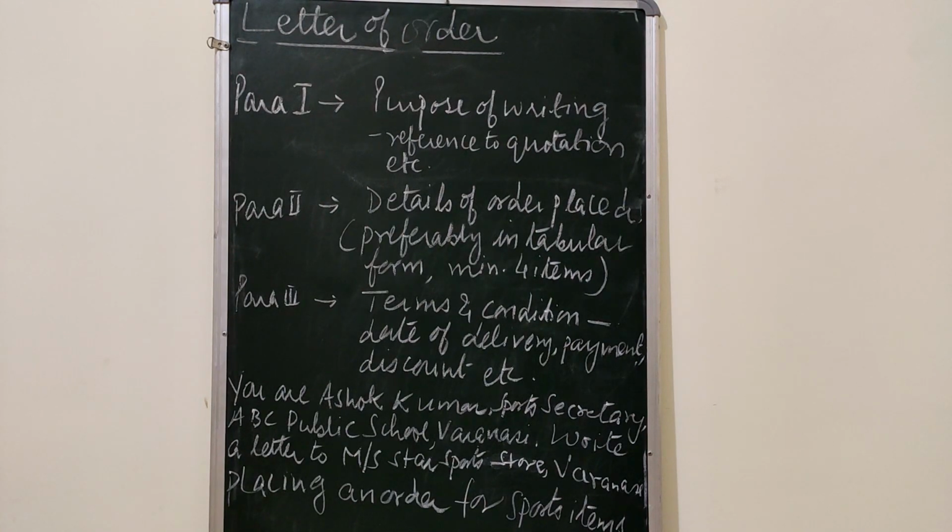So para 1, purpose of writing; para 2, details of the order placed; and para 3, terms and conditions. I am sure this body of the letter is clear to you.